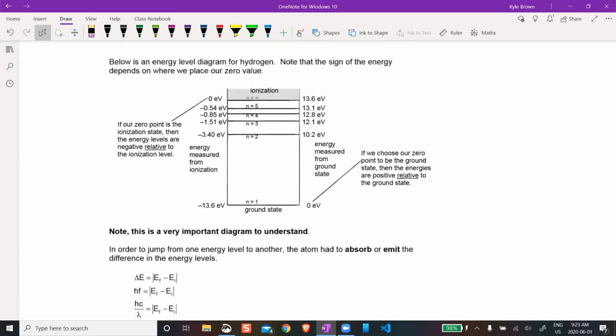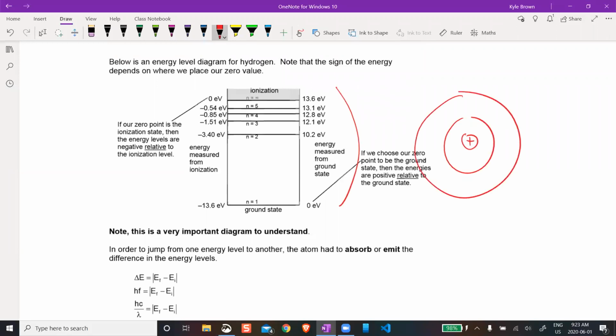Okay, so our energy level diagrams. Below is an energy level diagram for hydrogen. When I look at this, I always keep in mind our picture of the Bohr model.